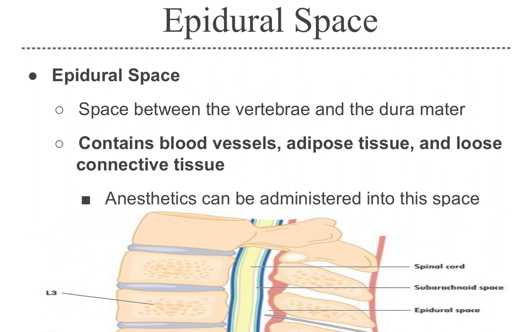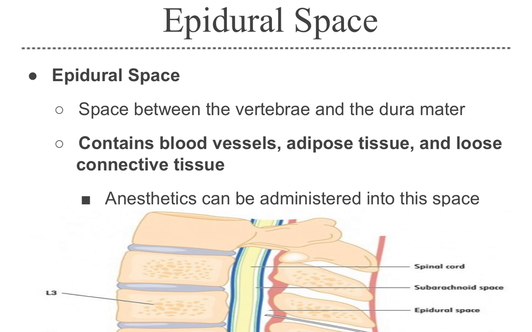So know that there is a space called the epidural space between the vertebrae, the bone, and the dura mater. Within that space, we're going to have blood vessels, adipose tissue, and that ligament, that loose connective tissue that allows for movement.